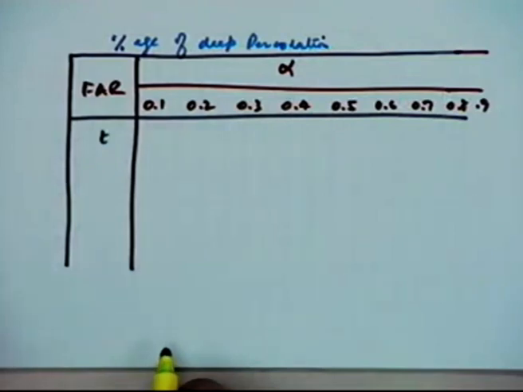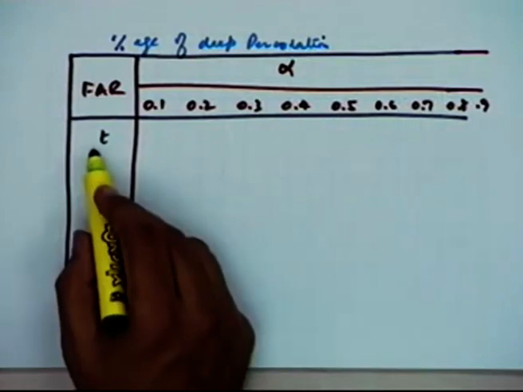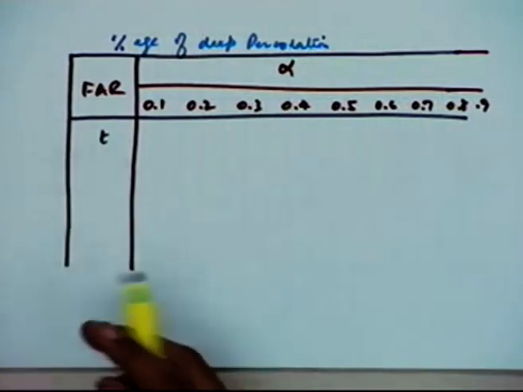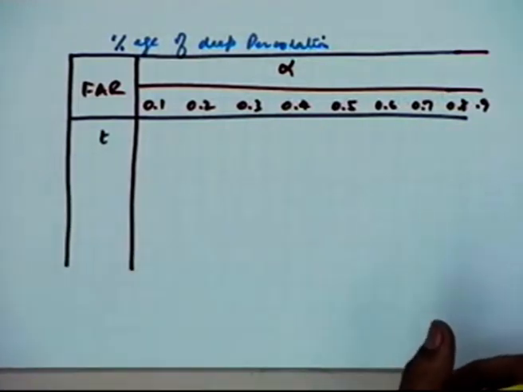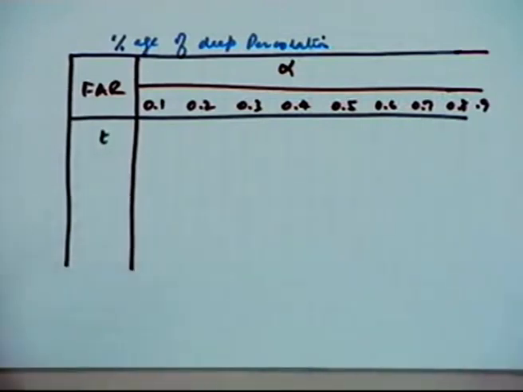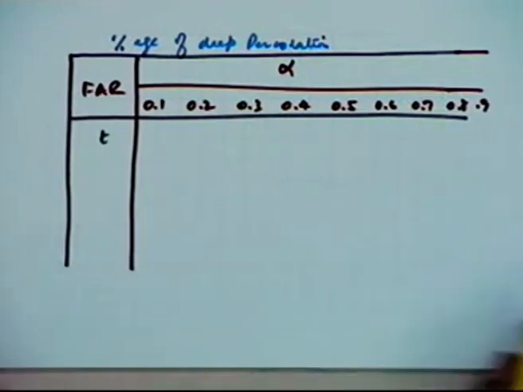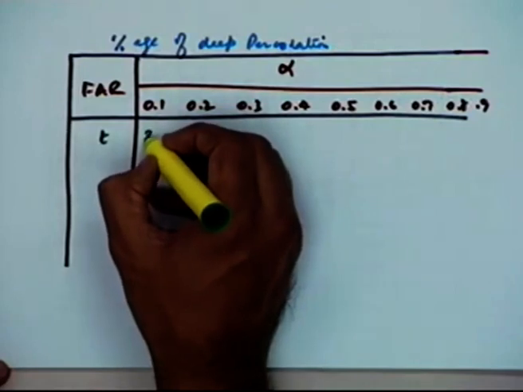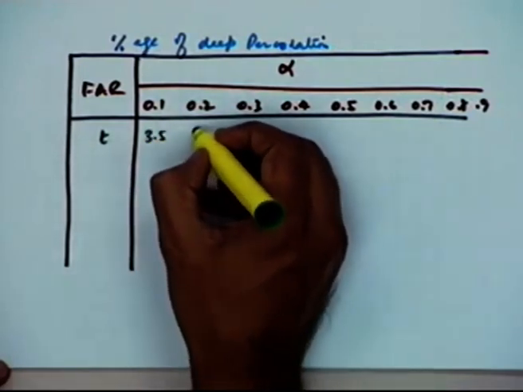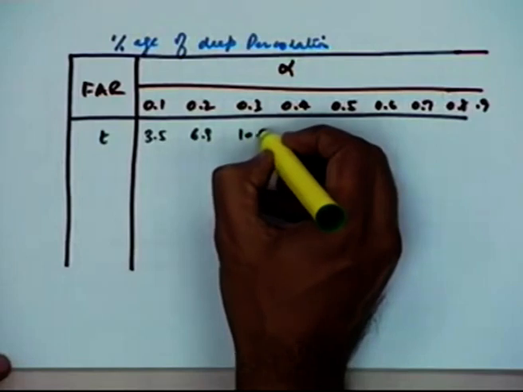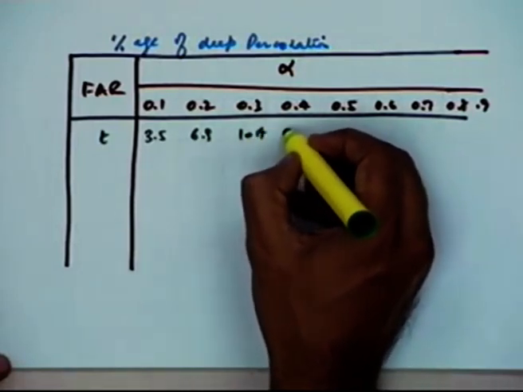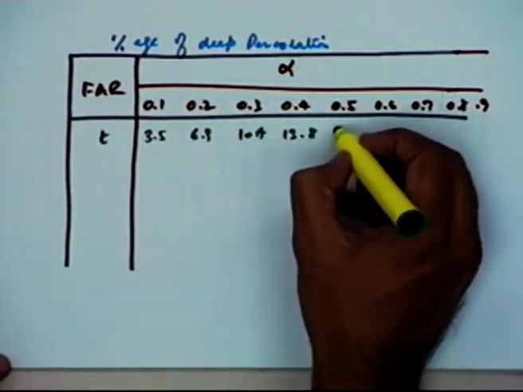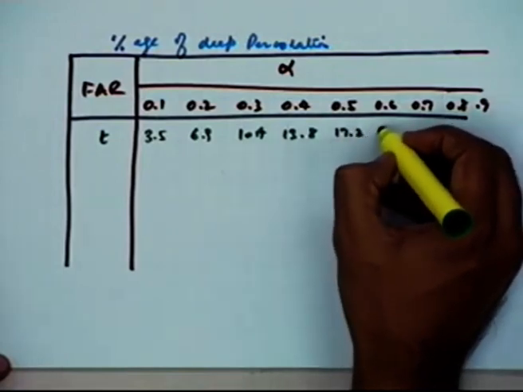For a FAR ratio of 1, that means the time of opportunity is the same as the time taken by the advance curve to reach the downstream end, you will have the values. You can look at the order of magnitude of these values.